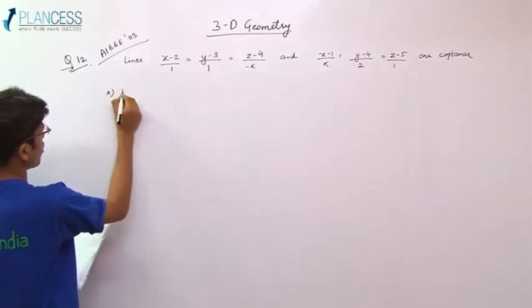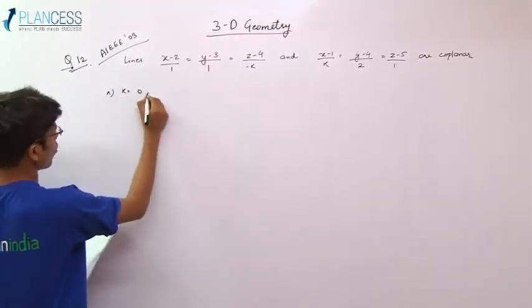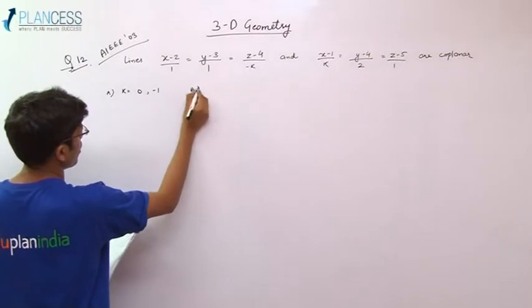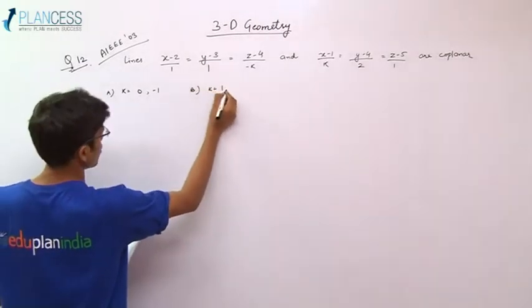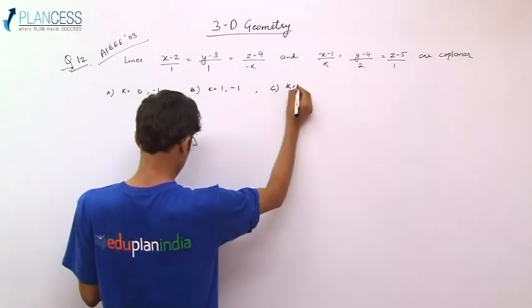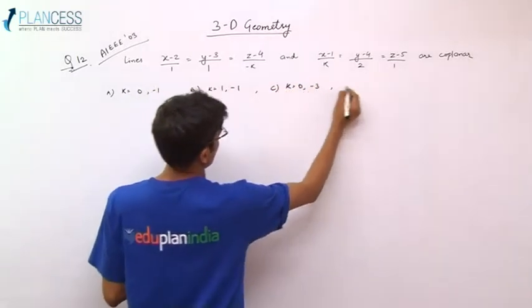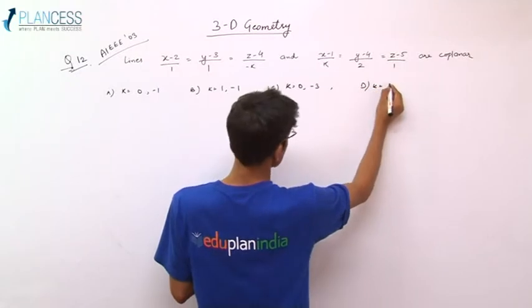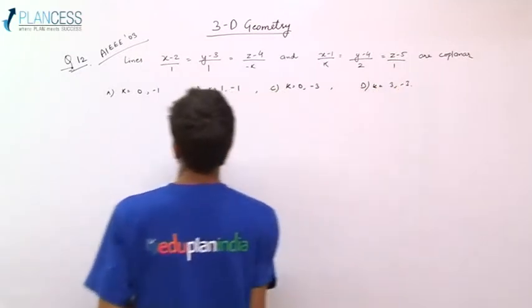A, k is 0 comma minus 1; B, k is 1 comma minus 1; C, k is 0 comma minus 3; D, k is 3 comma minus 3.